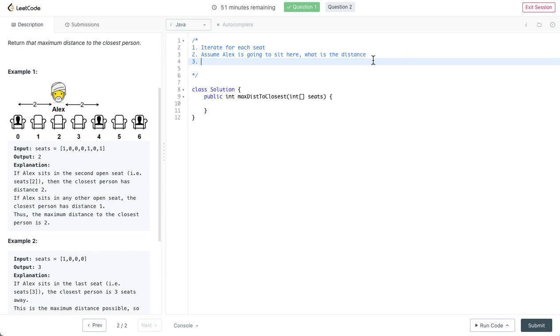So in order to know the distance, we need to keep the record of the closest left occupied, and the closest right occupied.